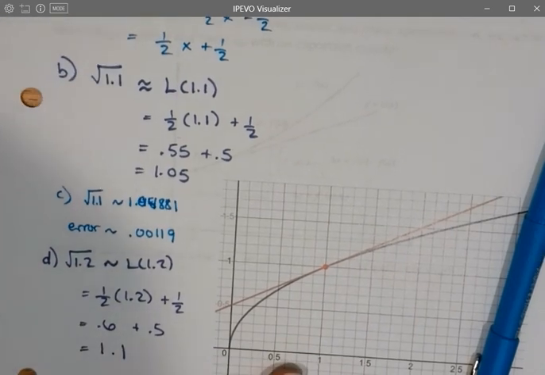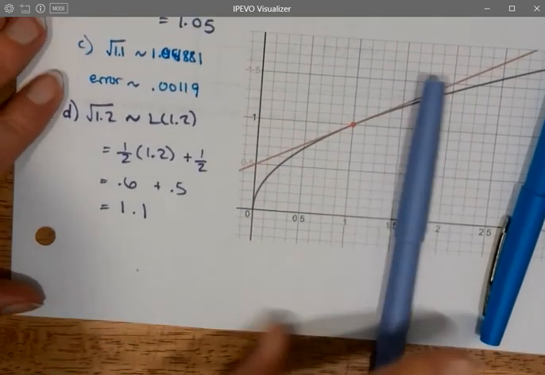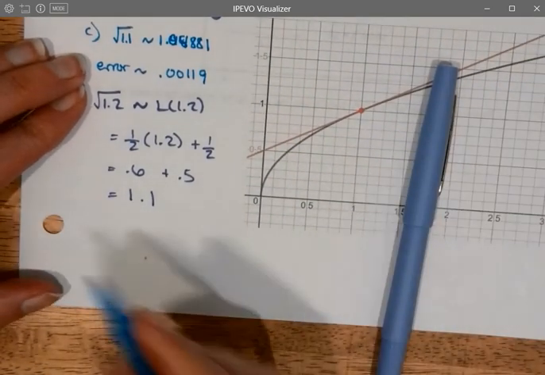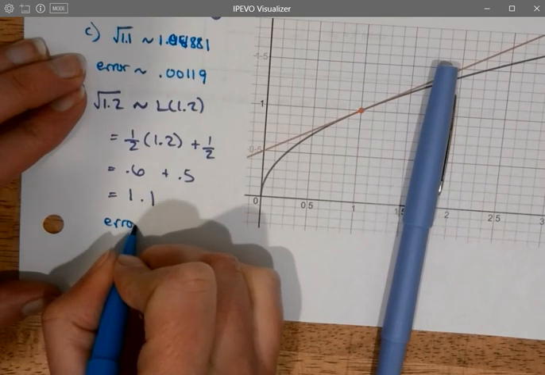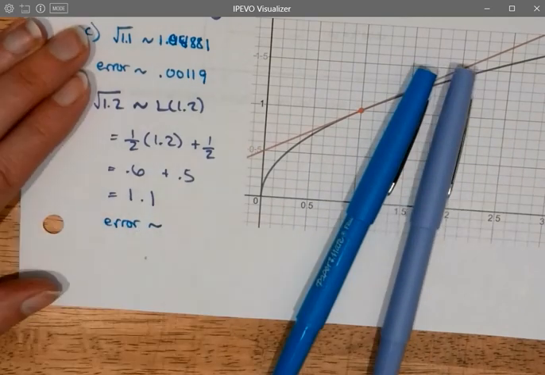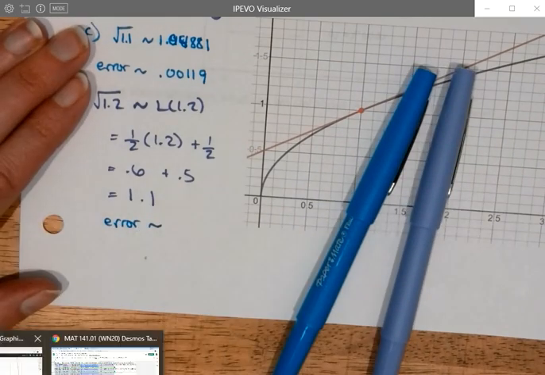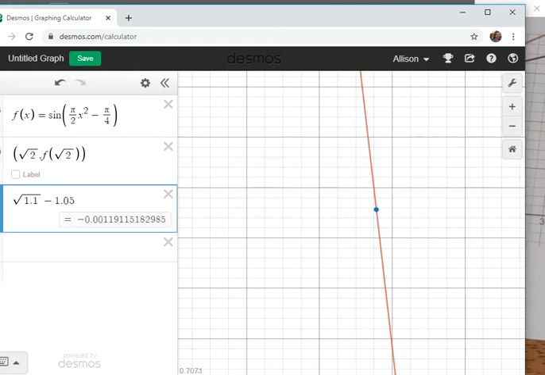That's the approximated value, not the error. So let's go find the error. Over here, if I take the square root of 1.2 minus what I got for the prediction, 1.1, I have an error of about 0.00455.